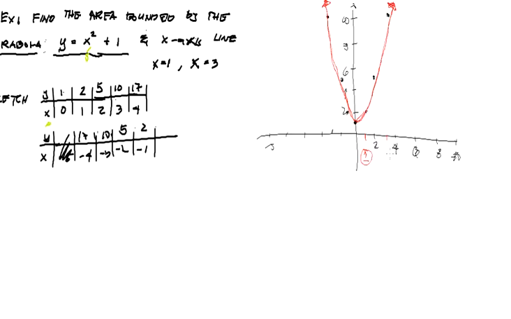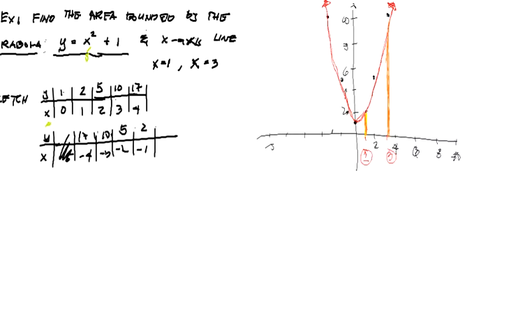We have here 3. So our area bounded by this curve is from 1 to 3. From 1 to 3, right?